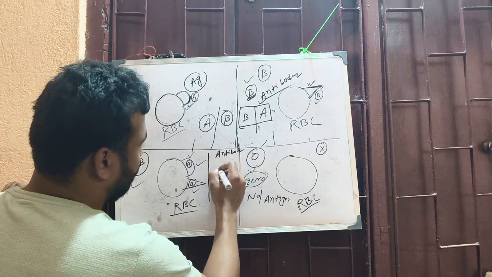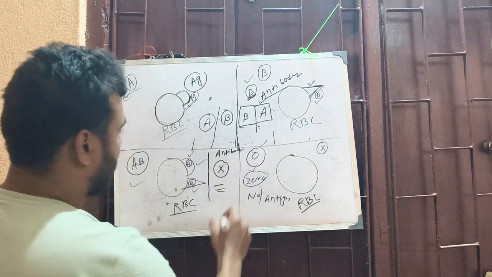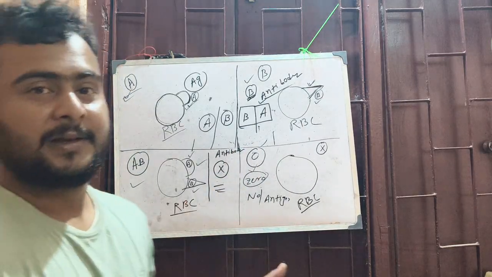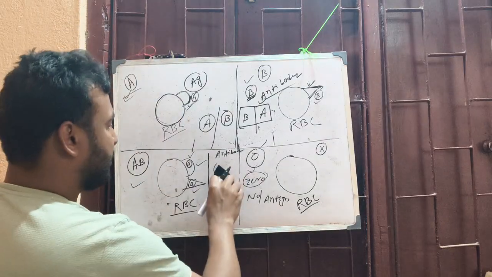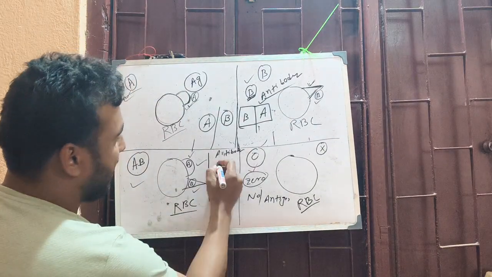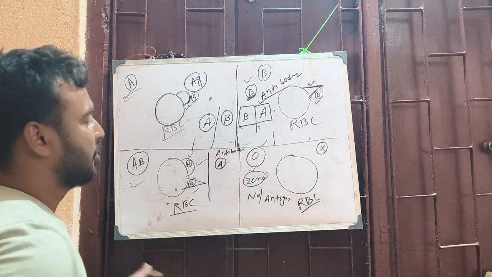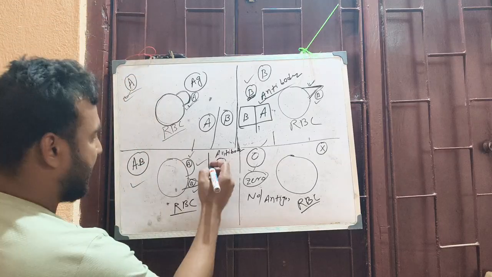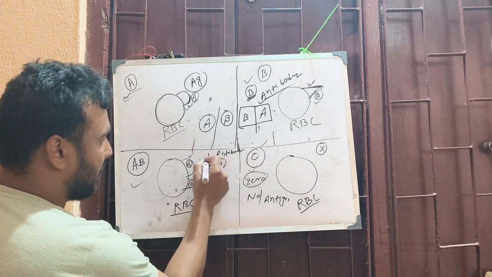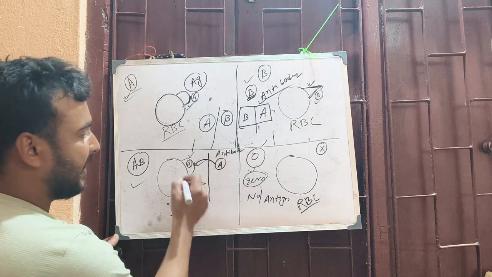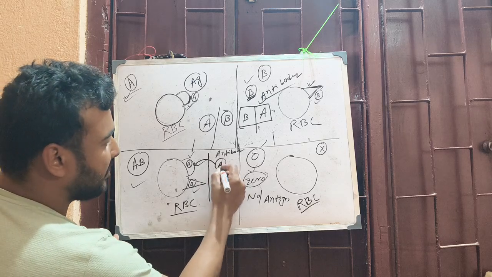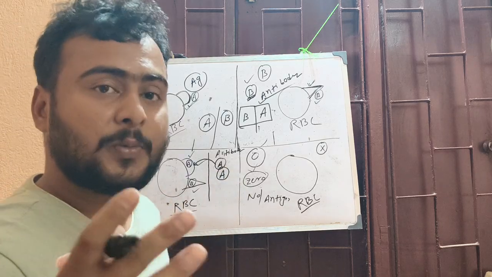There is no antibody, right? Suppose you assume that you have A antibody, so what will occur? The A antibody will complex with the A antigen, then agglutination will occur, meaning the destruction of RBC will occur.